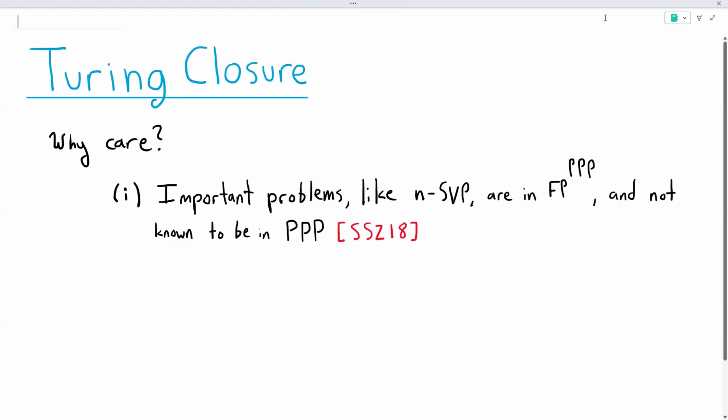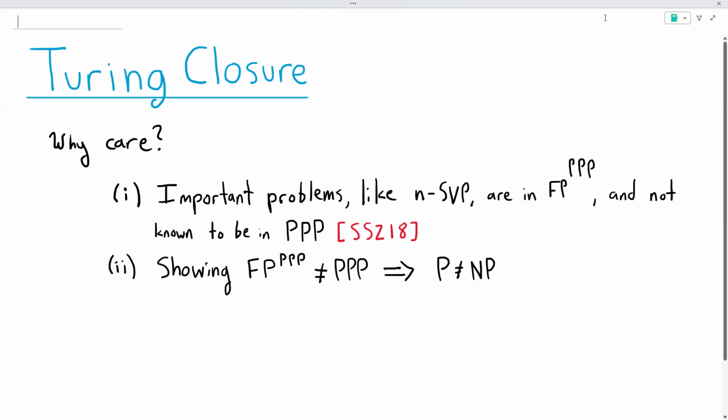So why do we care about this conjecture? First of all, important problems like the approximate shortest vector problem are known to be in the Turing closure of PPP, but are not known to be in PPP. And this is true of several other important problems as well in lattices and cryptography. As well, it is a pretty easy observation that showing that PPP is not Turing closed implies that P doesn't equal NP.